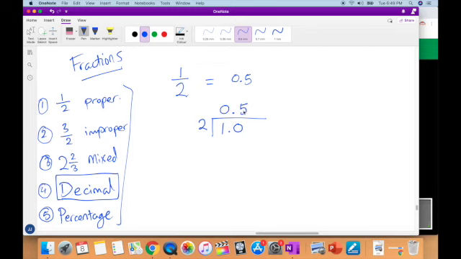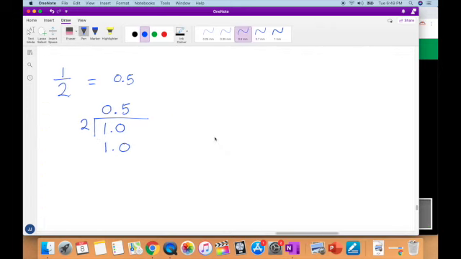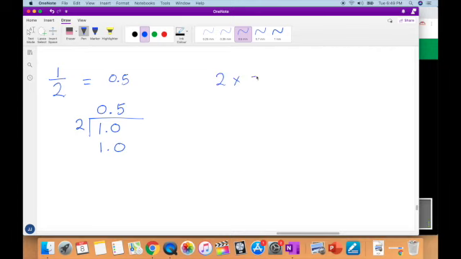Now 5 multiplied by 2 is 10. But we have this 1.0 here. Why didn't I put an actual 10? How did I work that out? Watch. 2 multiplied by 5. What is that? 10.